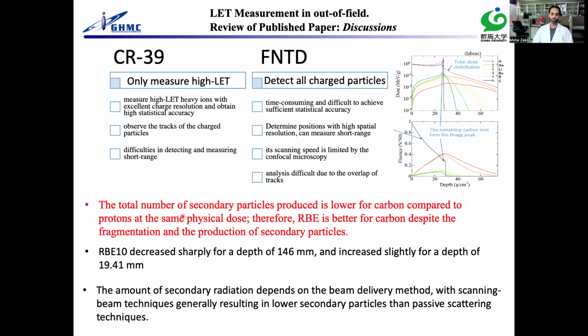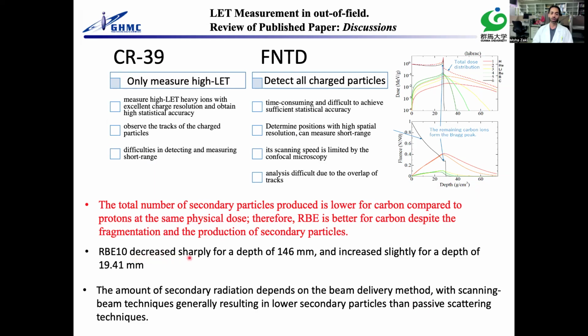The total number of secondary particles produced is lower for carbon compared to the proton at the same physical dose, according to the results we have analyzed. Therefore, RBE is better for carbon despite the fragmentation and the reduction of secondary particles.